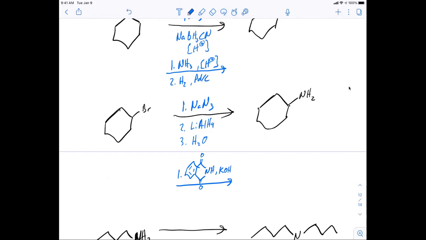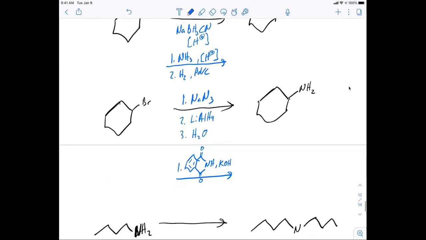And sometimes I'll write out succinimide, so it'll be succinimide and potassium hydroxide. That forms the base that reacts with the bromide. Then I need to either hydrolyze that off, or I can use the hydrazine, right, to get me to my product.